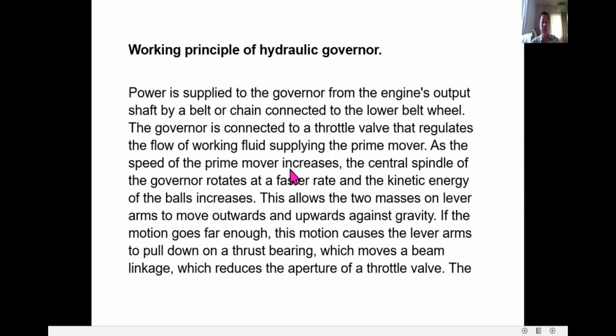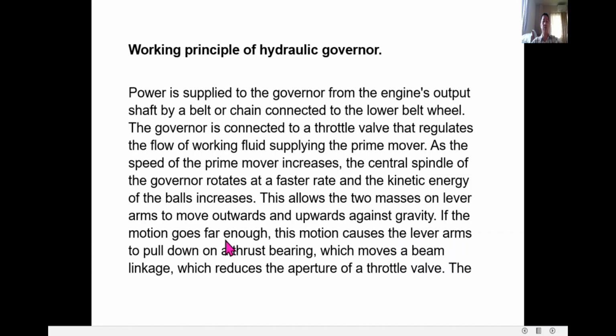As the speed of the prime mover increases, the central spindle of the governor rotates at a faster rate, and the kinetic energy of the balls increases. This allows the two masses on lever arms to move outwards and upwards against gravity.